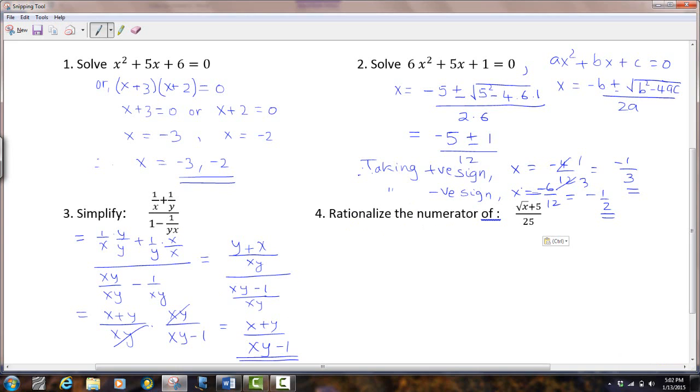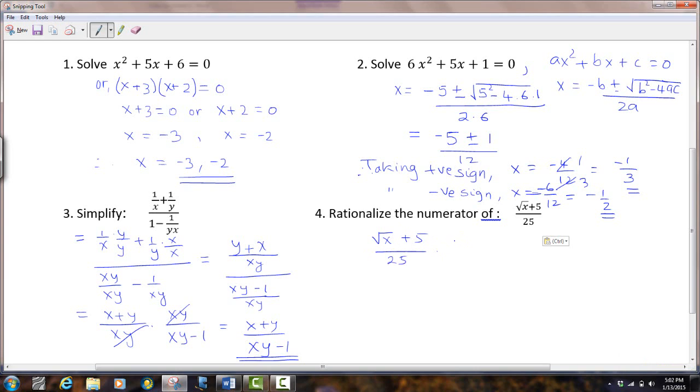And in the last example I would like to rationalize the numerator of this one. Rationalize means I want to write the numerator without the radical sign. Here the expression is square root of x plus 5 over 25. So I want to rationalize this one. In order to rationalize, I need to multiply and divide by the conjugate of the numerator.